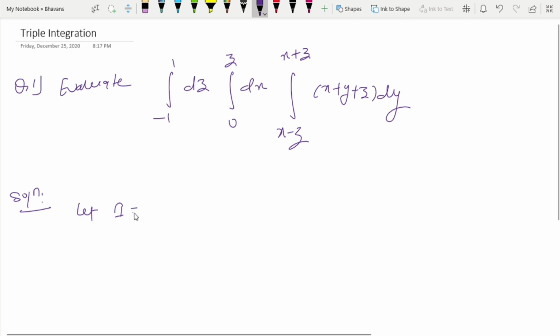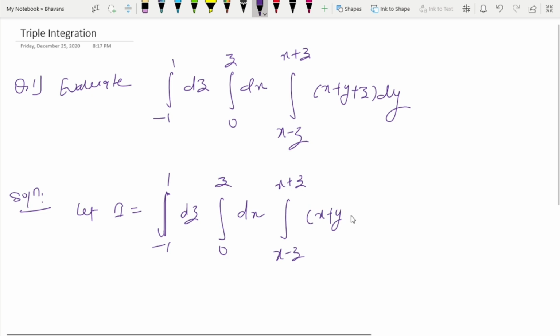So let I be equal to, in the ordered form, integration -1 to 1 dz, integration 0 to z dx, and there we have integration from x minus z to x plus z of (x plus y plus z) dy.